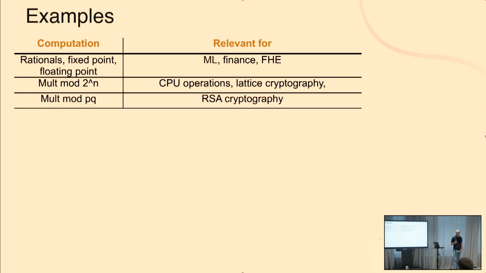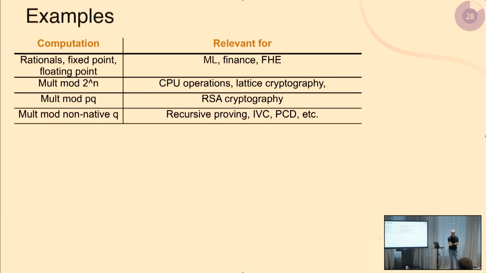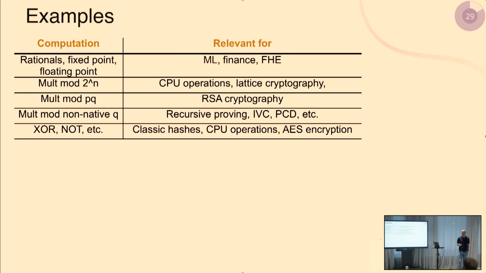Multiplication modulo the product of 2 primes, relevant for RSA cryptography. Multiplication modulo a non-native prime, so you want to work over M31, but you want to prove something over a different field. That's also relevant. This comes up in folding, for example.